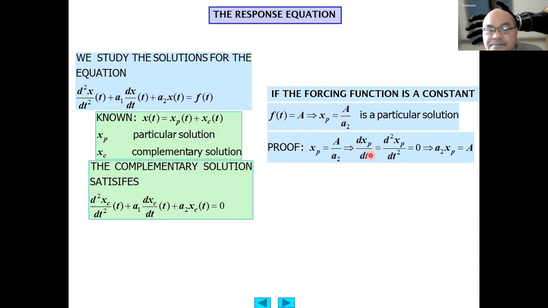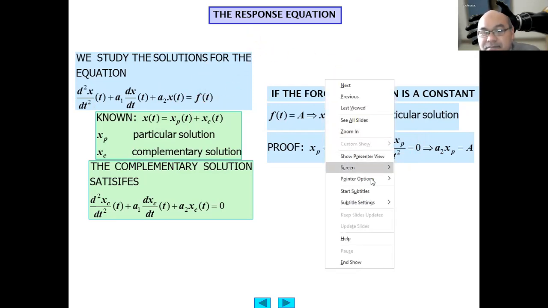So dxp/dt is a derivative of a constant, right? It will be equal to 0. d²xp/dt² will also be equal to 0 because it is constant. The derivative of a constant over time is equal to 0. It means what is left is only the zeroth order term, a2 xp equals a.